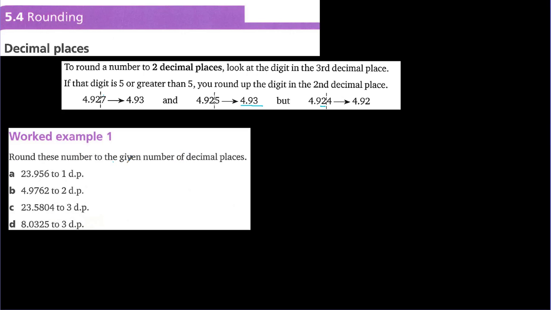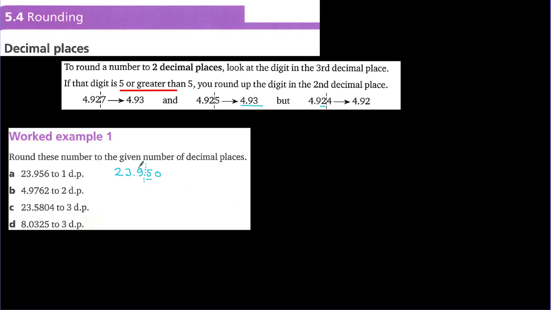Round these numbers to the given number of decimal places. I'm going to make this one 1 decimal place, so it's going to be 23.9. The digit after it is 95.6, so I'm going to round up, and I'm checking the number, which is equal to 5.